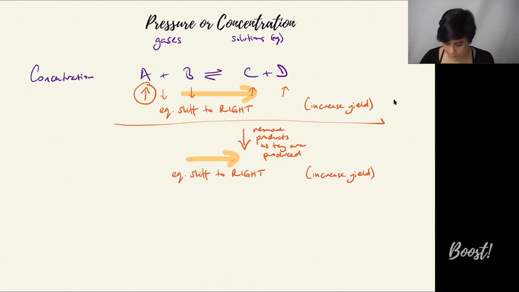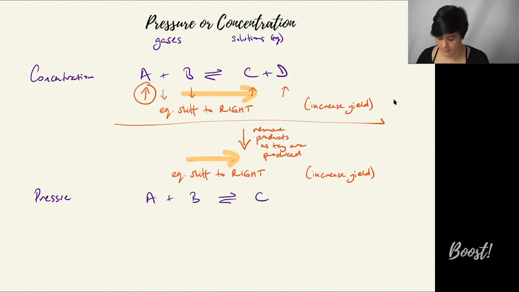Okay, for pressure, again, let's do A plus B goes to C this time. And actually, I'm going to put 2B here, just to make it clear that we are interested in how many moles we've got on either side.